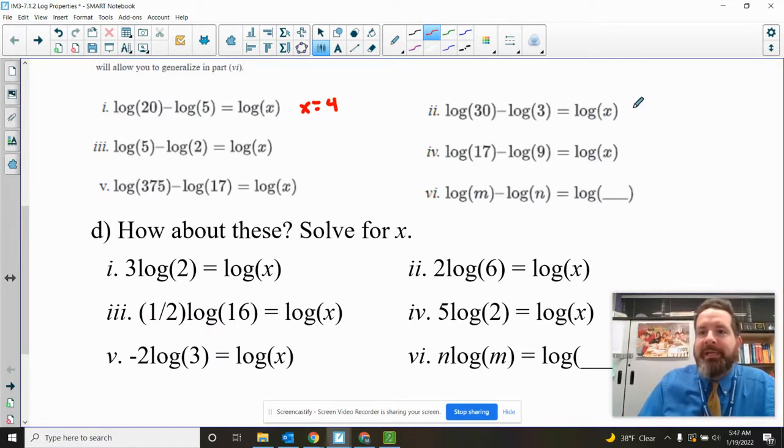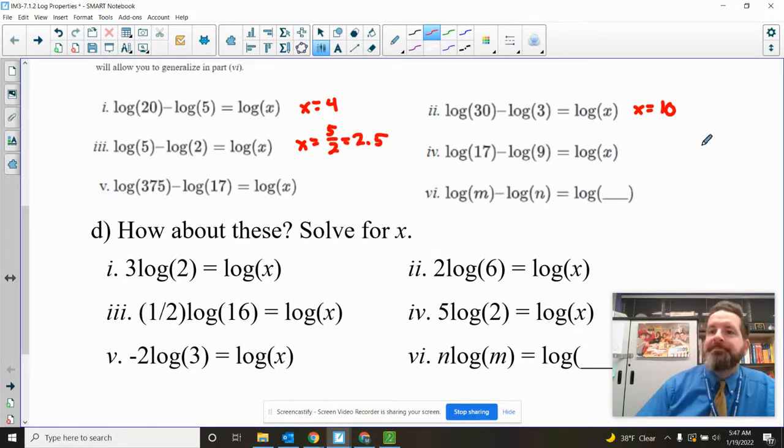Okay, on this one, you end up with x being 10. On this one, as a fraction, it's 5 over 2. If you came up with a decimal, it would be 2.5. Here, once again, it is going to come up as a fraction with 17.9, which as a decimal is 1.8 repeating?